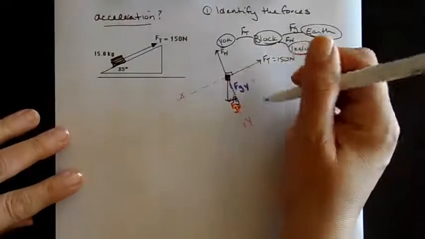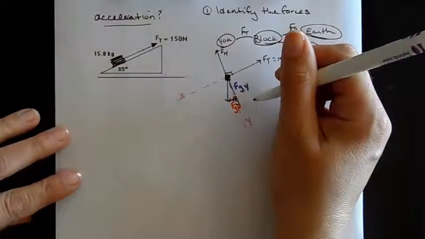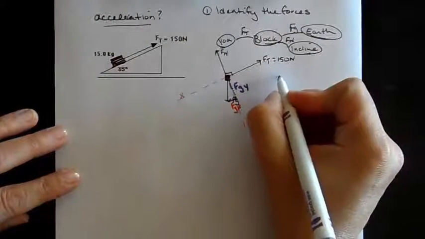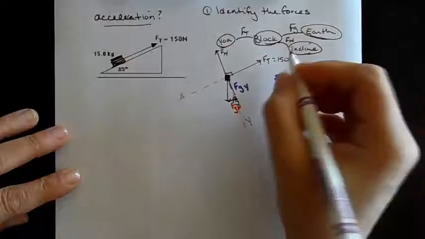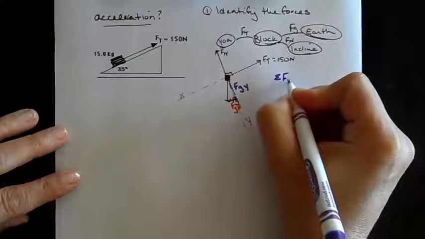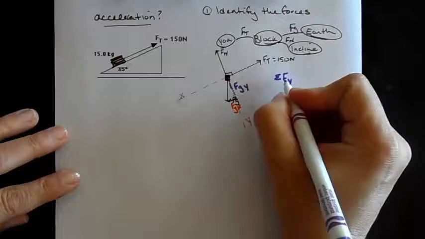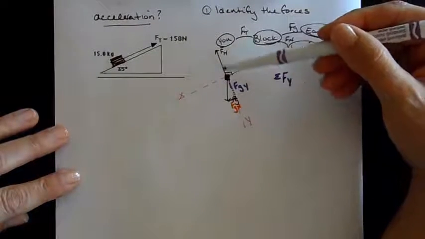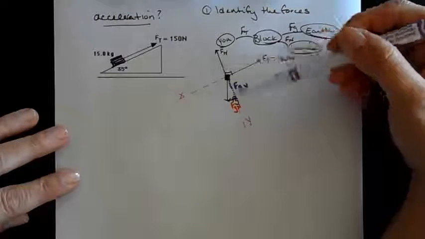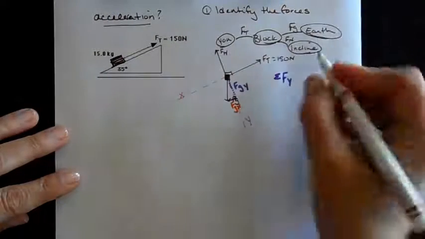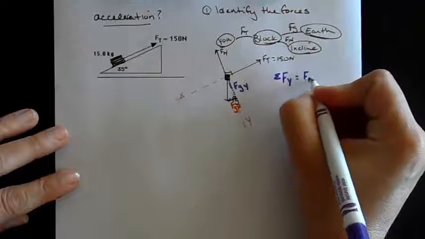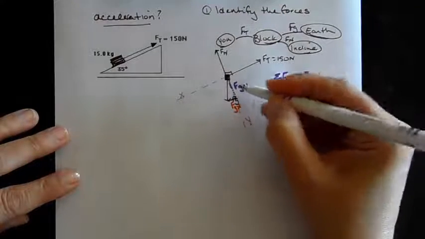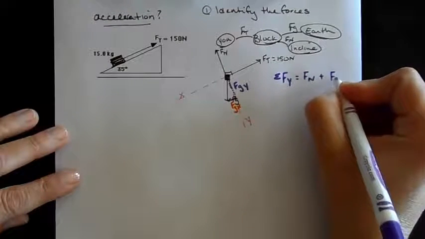Okay, so now what we want to do is identify all of the forces acting in each direction. And this is called the sum of the forces. So this Greek letter sigma, what we want to look at is the sum of the forces in the y direction. Okay. Now if we look at everything that is moving up and down, or all the forces that are acting up and down, we have the normal force, and we have the y component of our force of gravity.